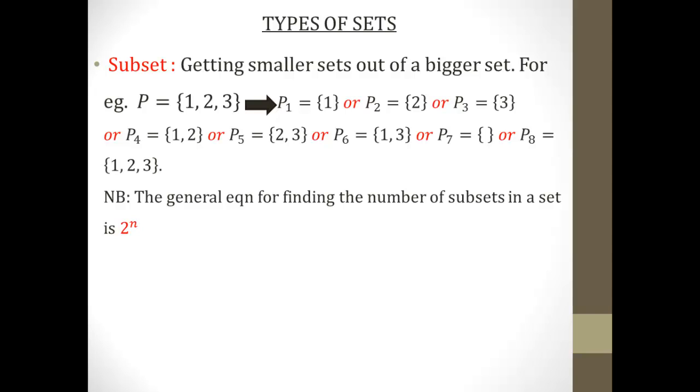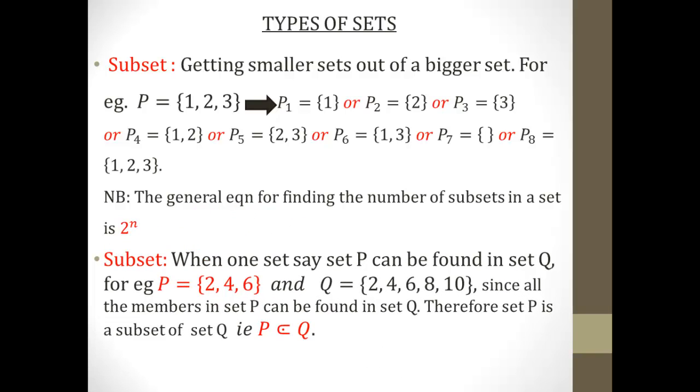We can get 8: P1, P2, P3, P4, P5, P6, P7, P8. So you can get 8 subsets out of the original set. If a question is given and you are told to find the number of subsets in a set, you are going to use the formula 2 to the power n.